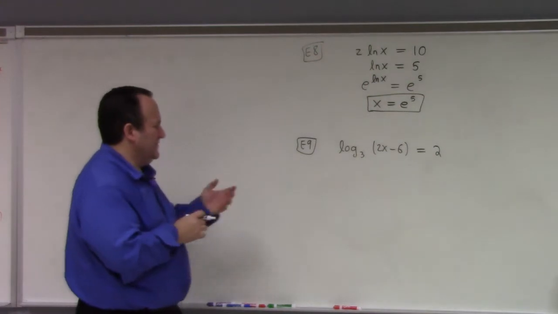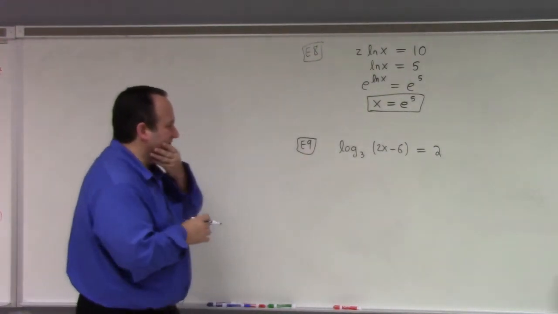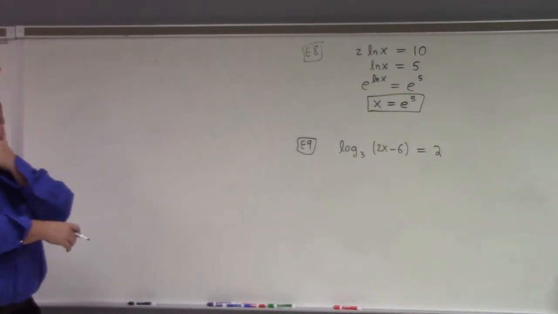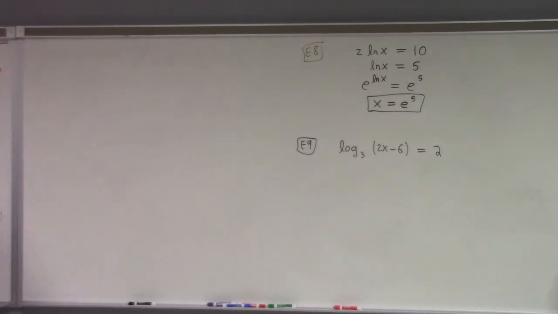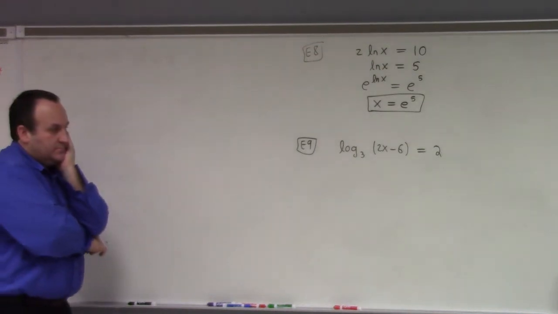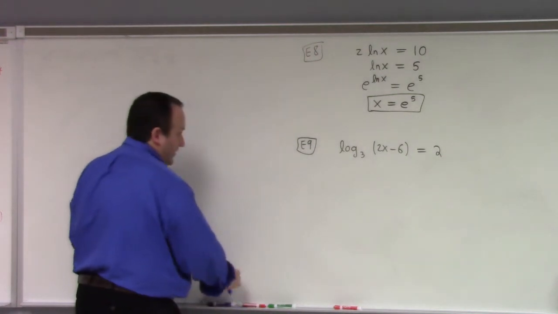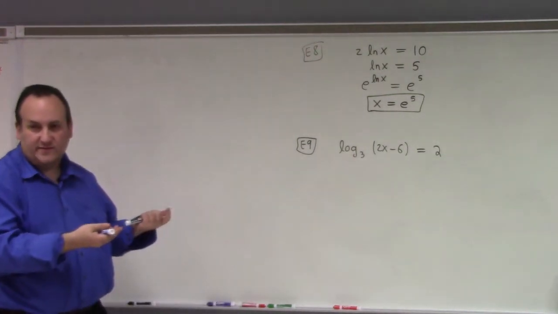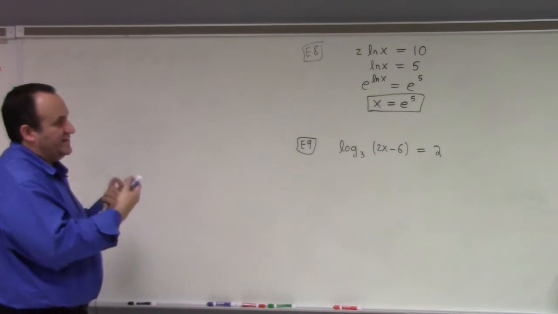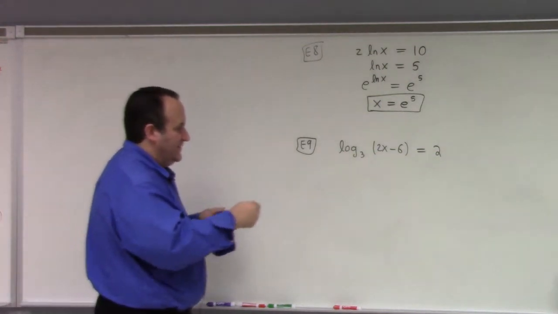How do I solve example 9? How do you solve that? How do you get rid of the logarithm base 3? What do you do? Well, we're going to exponentiate both sides. Instead of exponentiating both sides base e, we'll exponentiate both sides base 3.